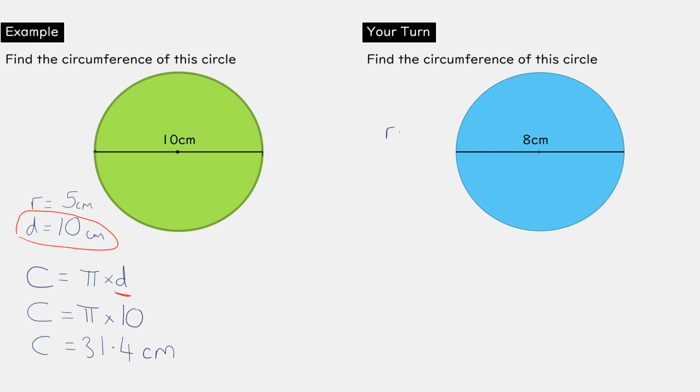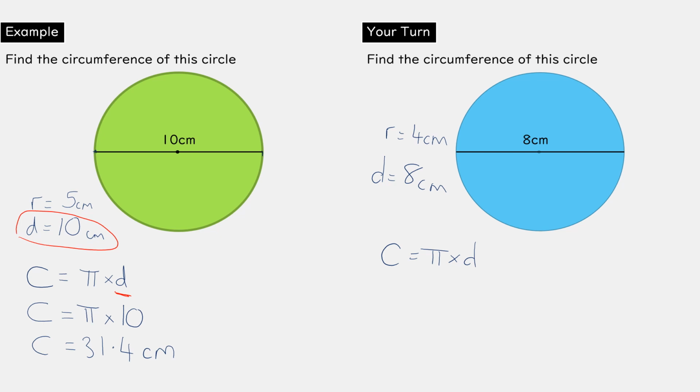Okay, so we're always going to be in the routine of writing what's the radius, what's the diameter. So again, we're shown the diameter because it goes all the way across, so I can fill that in as 8. And I know the radius is half that because it goes from the middle to the end. We're looking for the circumference, so let's write out that formula, pi times diameter.